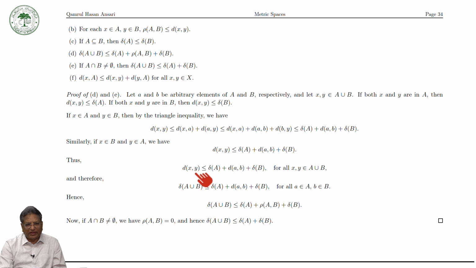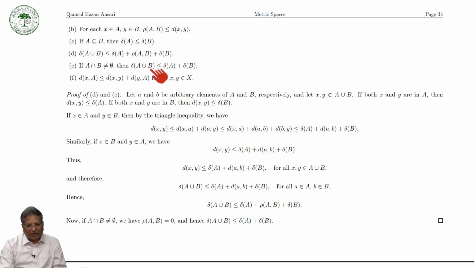If we take the supremum over all x in A and y in B, this is the distance between the sets A and B. So the diameter of A union B is less than or equal to diameter of A plus rho(A,B) plus diameter of B, which is nothing but your part D.